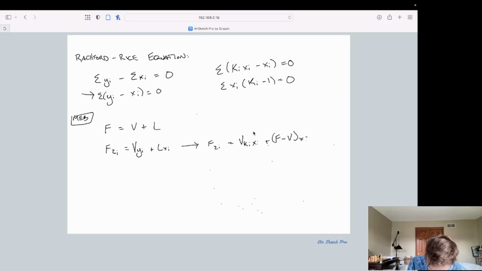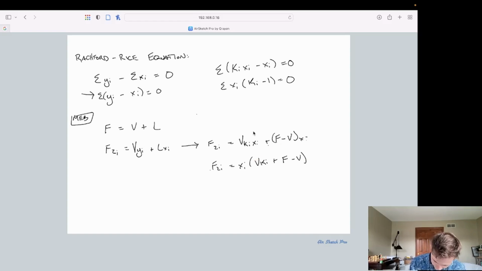So let's go ahead and simplify that down. Bring out the x. So we have our V multiplied by ki. Kind of looks like I'm doing that as a subset, but that's not true. It's just the product between them. Let's make that a little bit more clear here. There we go. And then plus our F minus V. Okay, now let's just go ahead and divide this side right here.